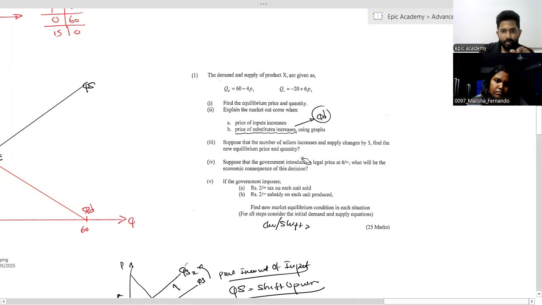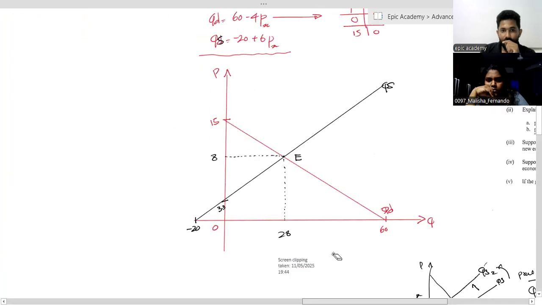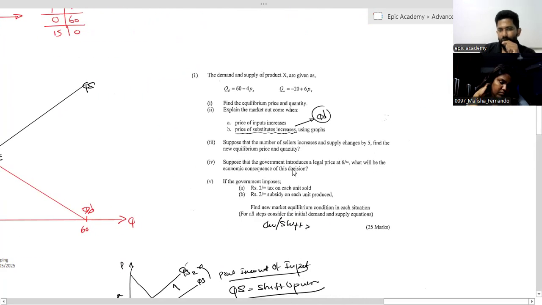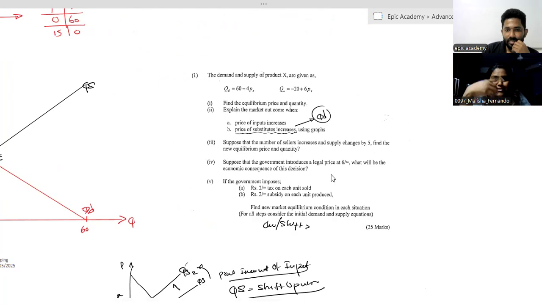But the problem is the equilibrium position already changed, because new firms came into the market. So this is not the equilibrium now, isn't it? Actually, they are not giving clear tips on which one is the equilibrium, which one is the next one. It's not given. So should we answer this question according to the new price or the earlier price?